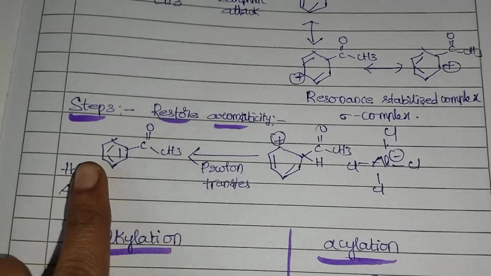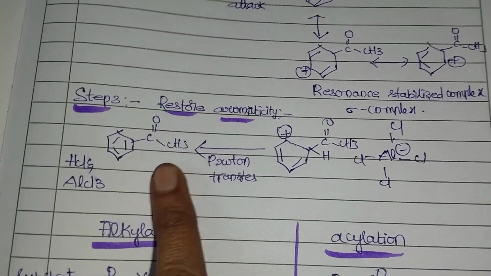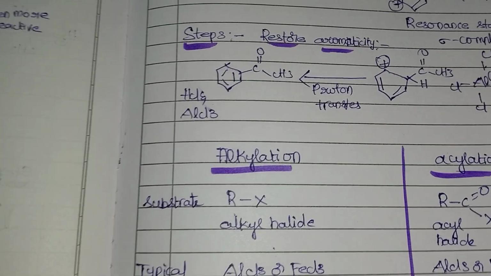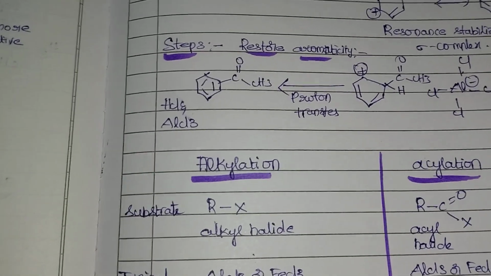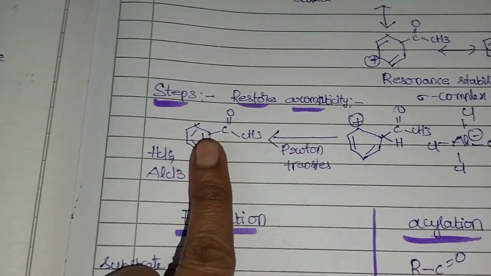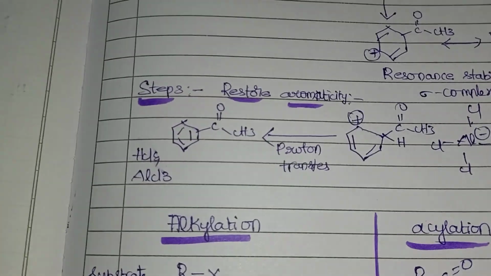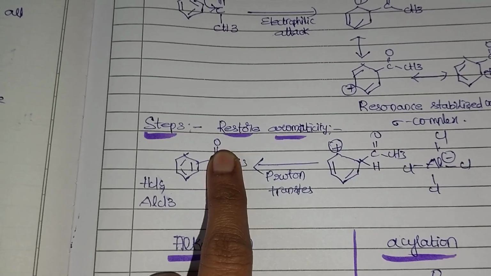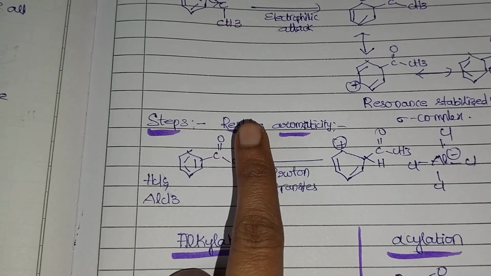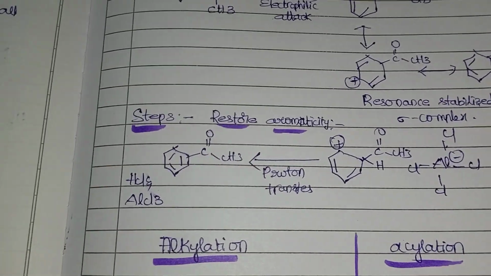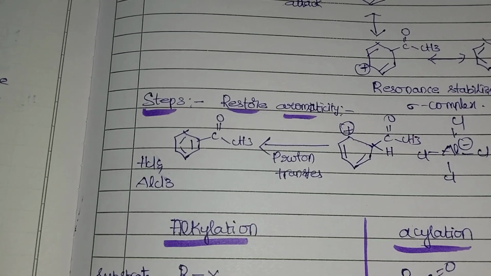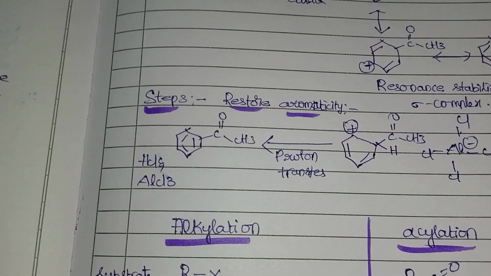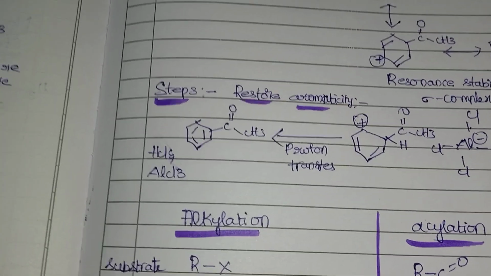Here the final product which is formed is not more reactive, unlike in the Friedel-Crafts alkylation reaction, so multiple products will not be possible. A stable product is formed here, so it is easy to carry out. Why? Because of the presence of the C double bond O, which is a deactivating group. In the last videos I already discussed activating and deactivating groups.